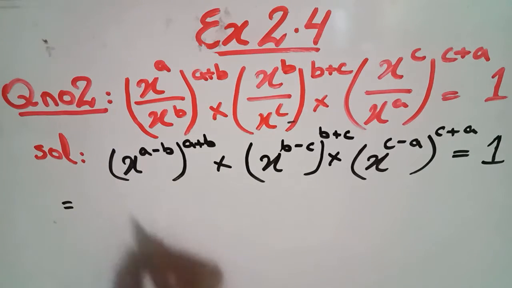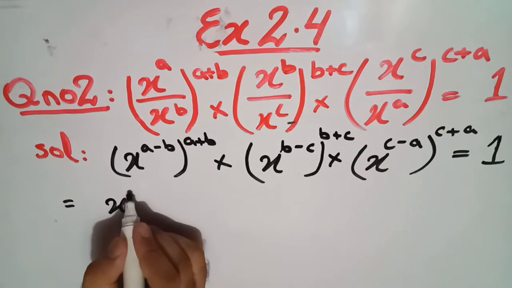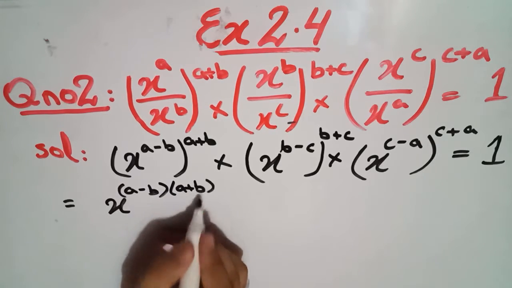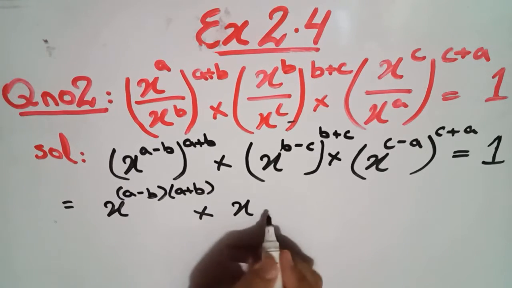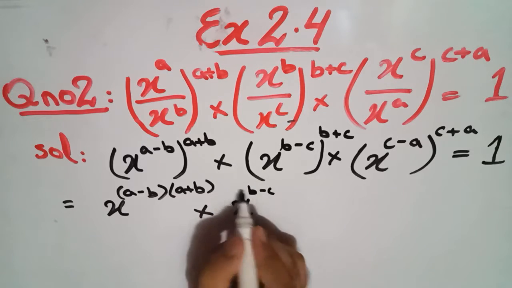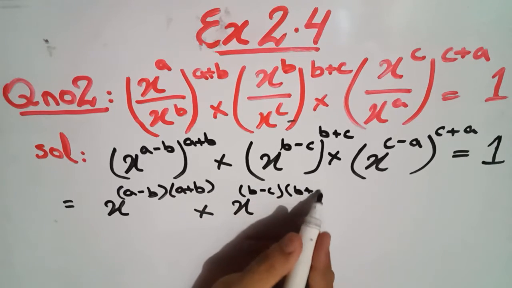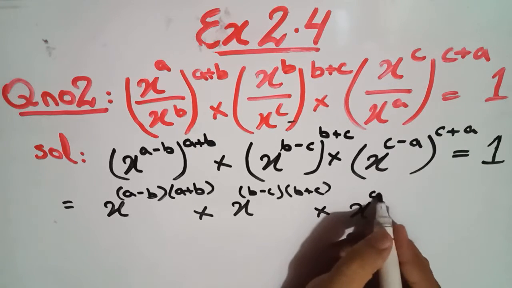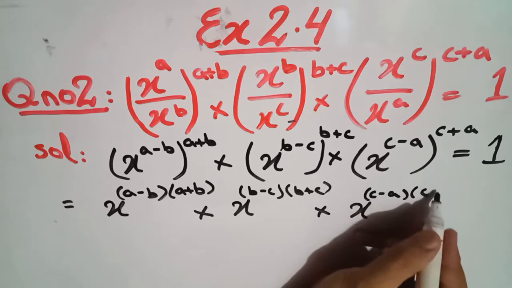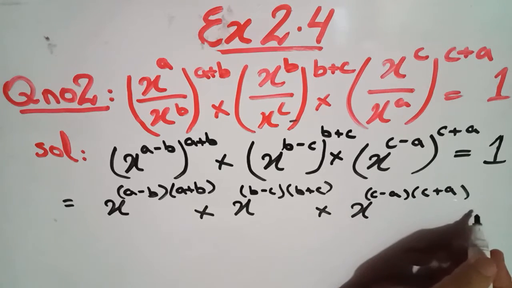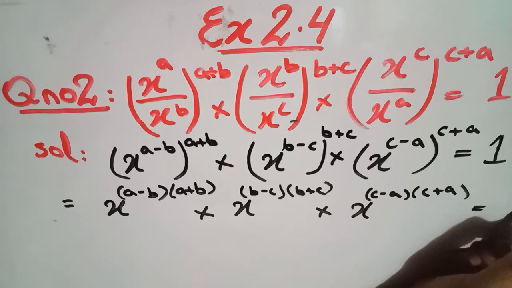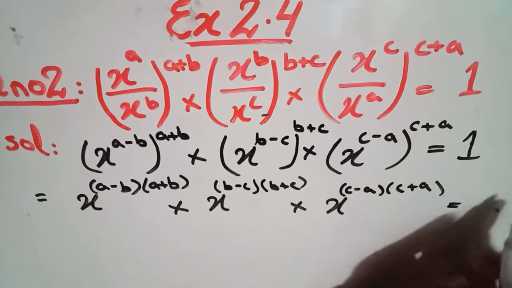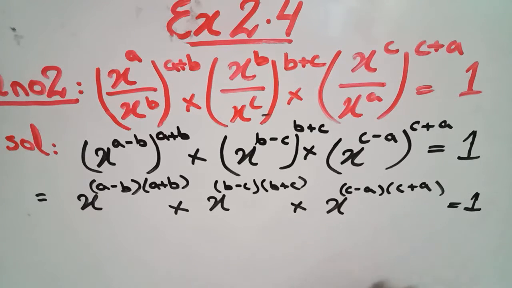You can write it in this form: x raised to power a minus b into a plus b, multiply x raised to power b minus c into b plus c, multiply x raised to power c minus a and c plus a, which will be equal to 1. You have to prove it is equal to 1.